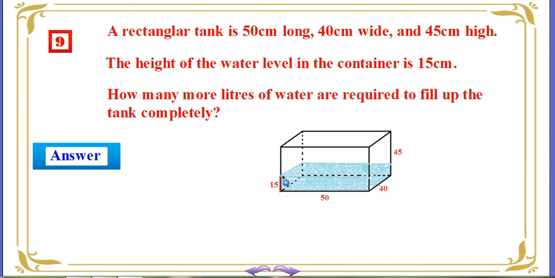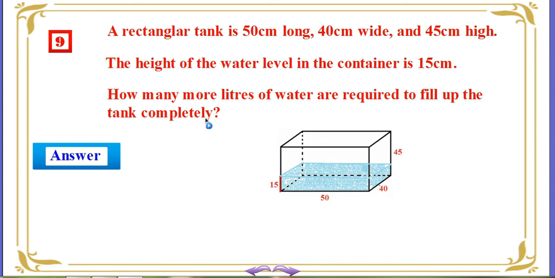You also have the length is 50 centimeters, the width is 40 centimeters, but the height is not 45. It is only from here to here, and you find its height by 45 subtract 15, and it is 30.